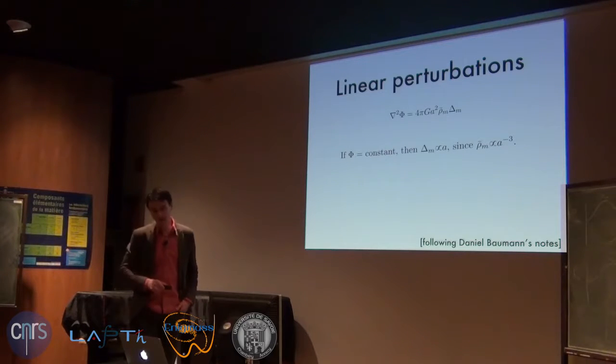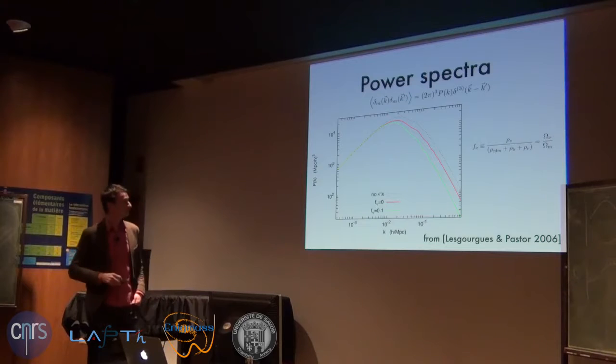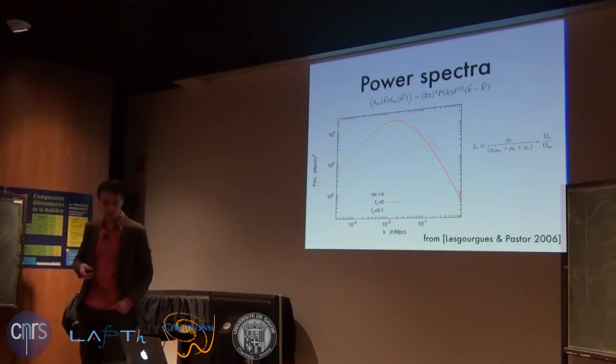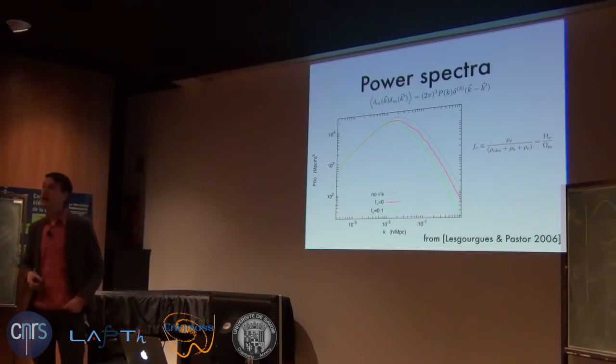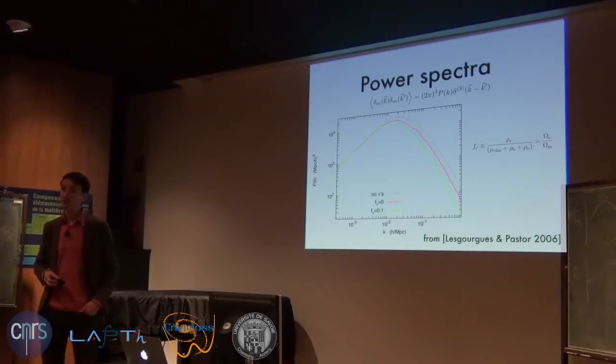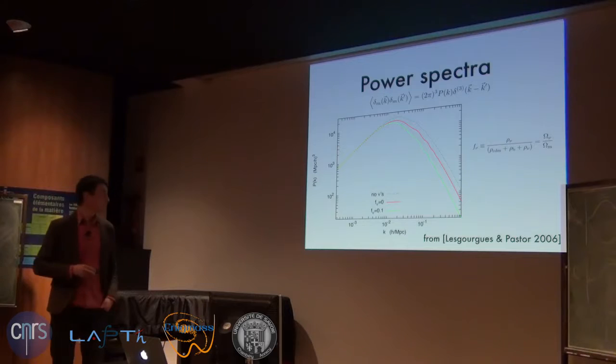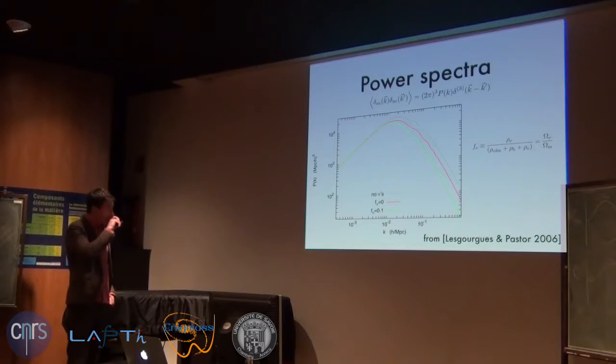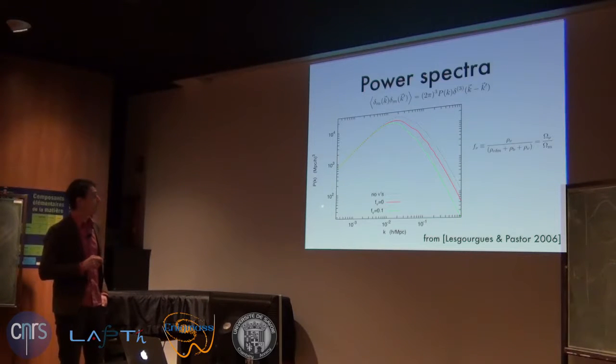Okay, so now I have shown qualitatively how the gravitational potential evolves in time. Then we use the Poisson equation to relate matter perturbations to the gravitational potential.